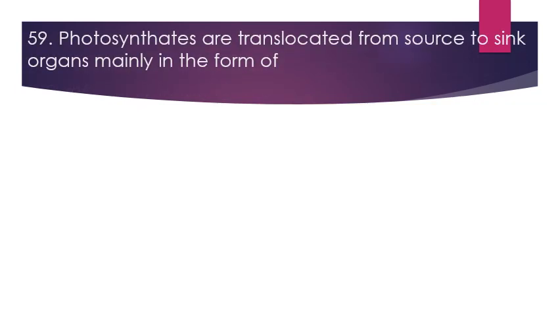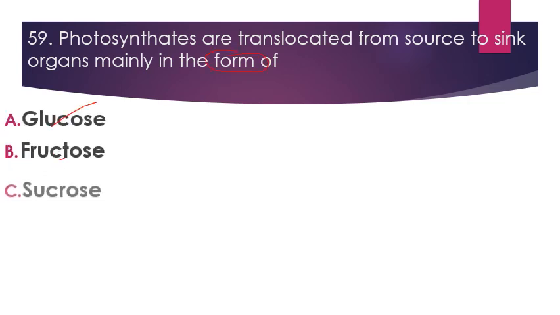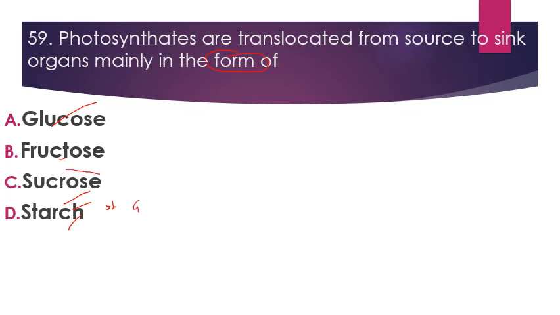Next question is: photosynthates are translocated from source to sink organ mainly in the form of. Our options are glucose, fructose, sucrose, or starch. As we know that the stored food material in case of plant is starch, while in case of animal it is glycogen. So the mobile form of food in plant is sucrose. So this is the form which is translocated from source to sink.